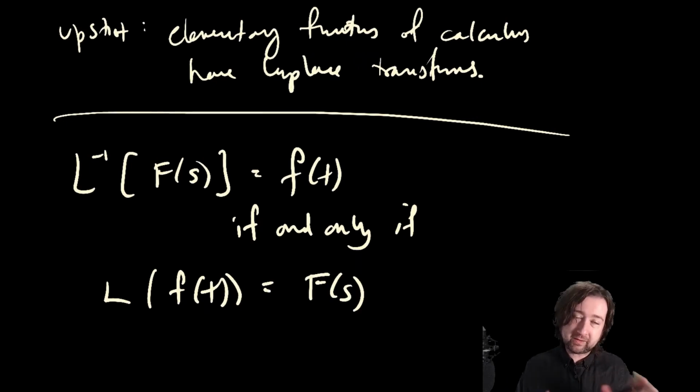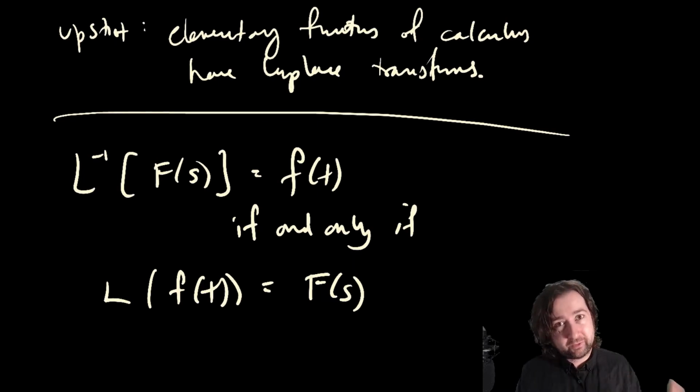This is exactly the same as the way we set up integration and differentiation at the very beginning. A function is called an antiderivative if its derivative is the original function. A function has an inverse Laplace transform if it is the Laplace transform of that function.